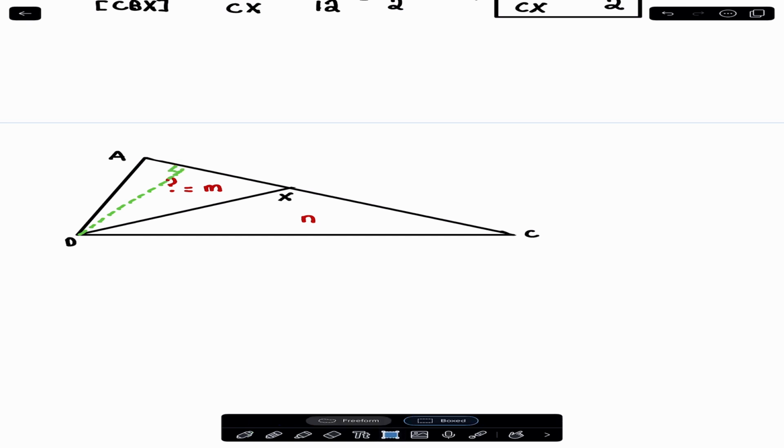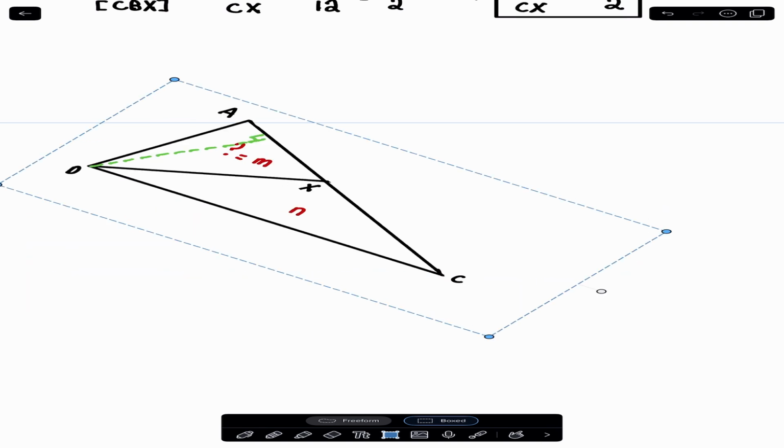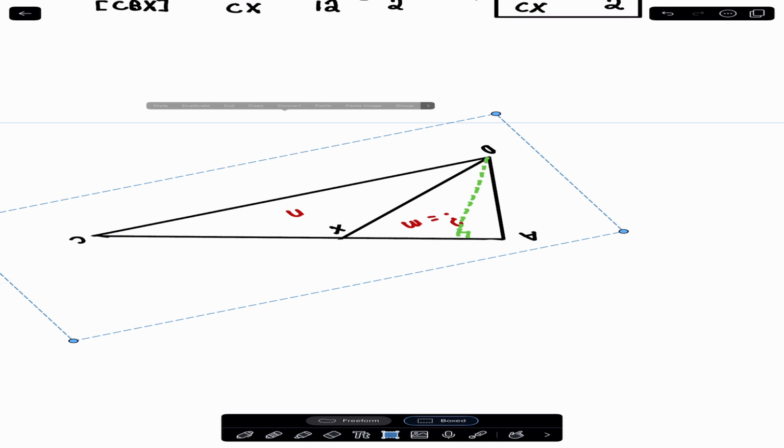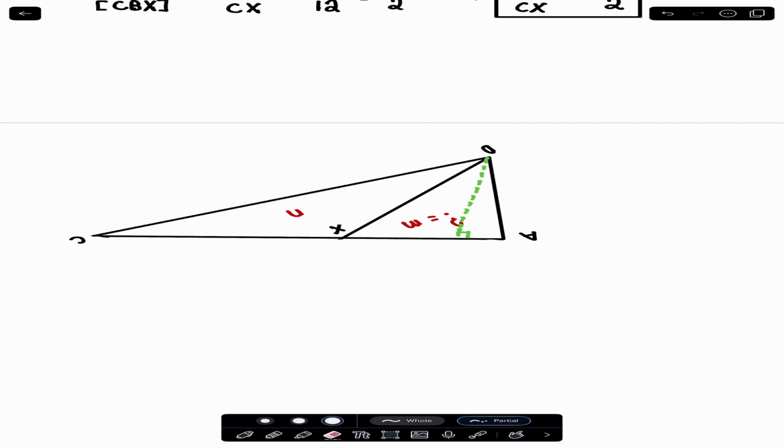I will take this triangle and tilt it, so that it's easier for you to see. We're going to go ahead and relabel this. And I think I'm going to go ahead and actually write this out like this.